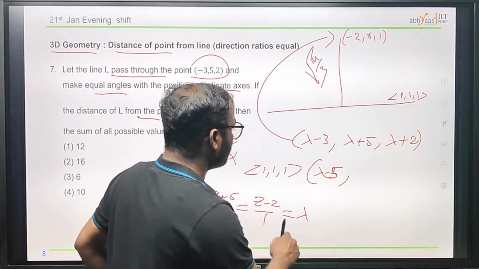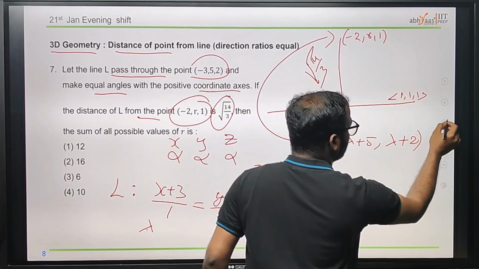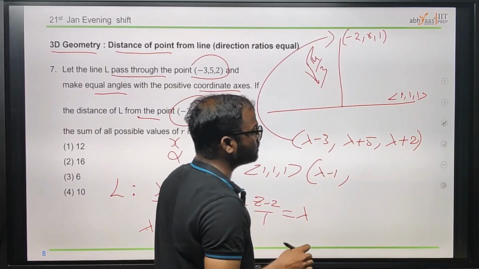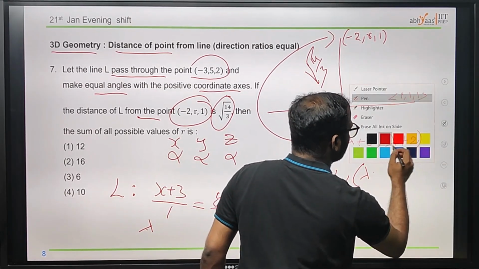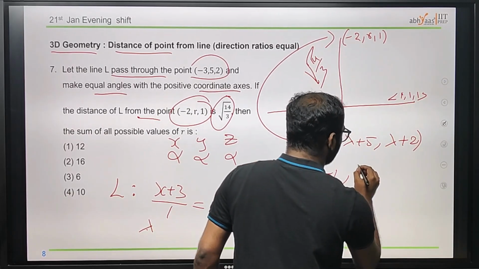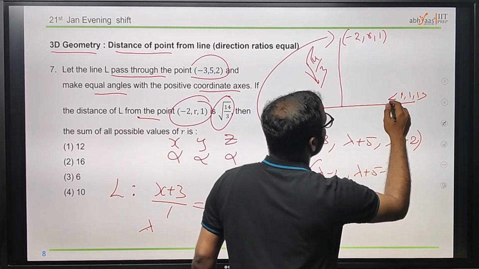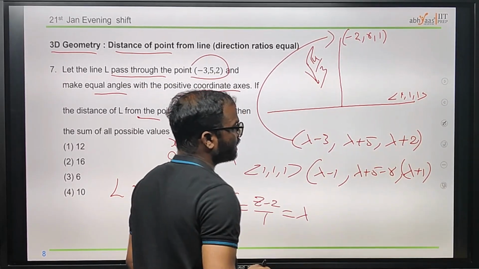We will get lambda minus 1, lambda plus 5 minus r, lambda plus 2 minus 1, that will be lambda plus 1. This is our direction ratio.